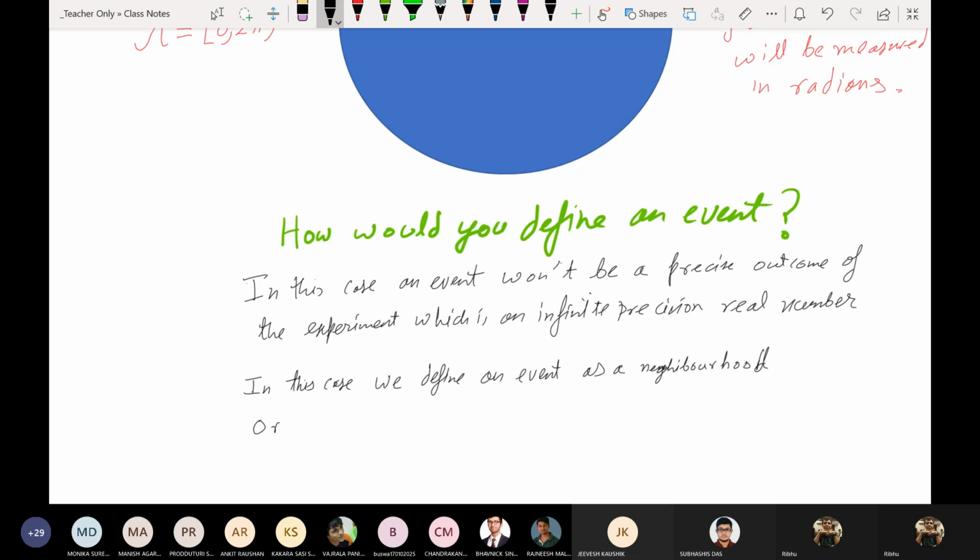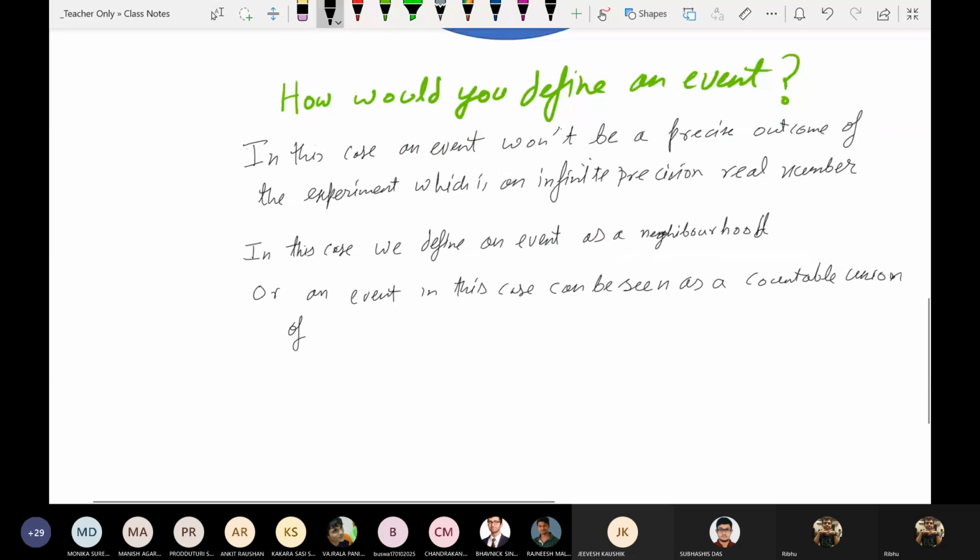An event in this case can be seen as a countable union of semi-closed subsets of the sample space.